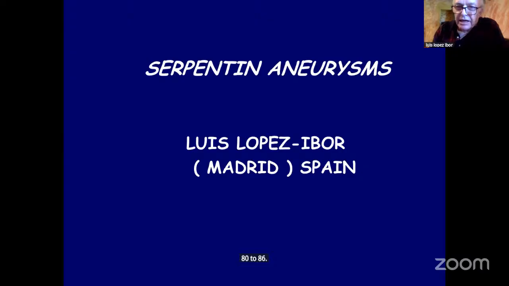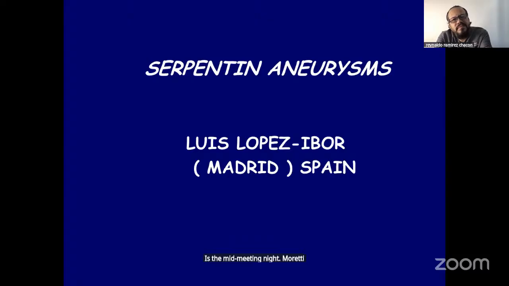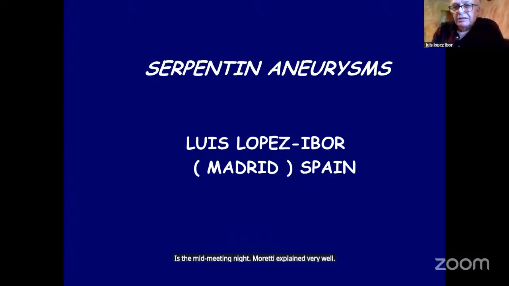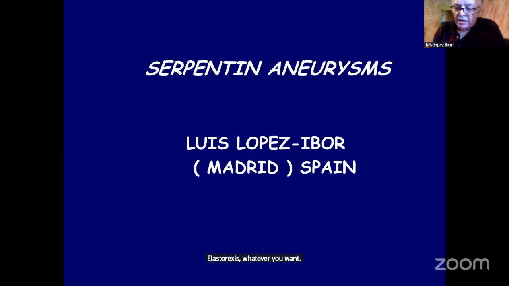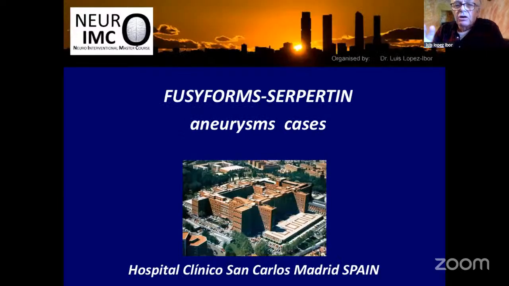Okay, the name, serpentine aneurysm, is a mimicking name. Moret explained very well. It's possible it is dysplastic, it's possible dissecting, it's possible elastorexis, whatever you want. I like to present only some cases, typical cases of this complex pathology.